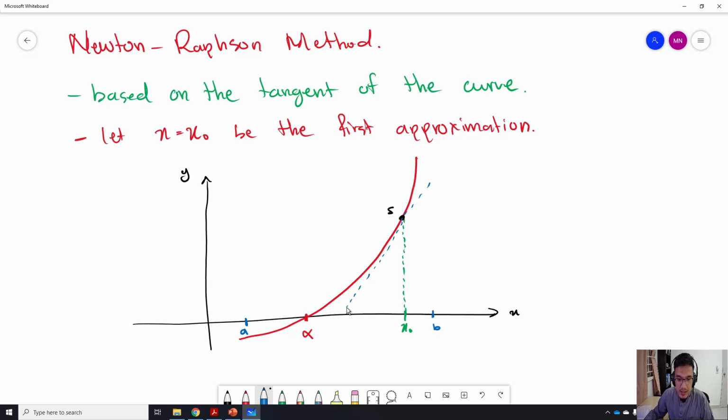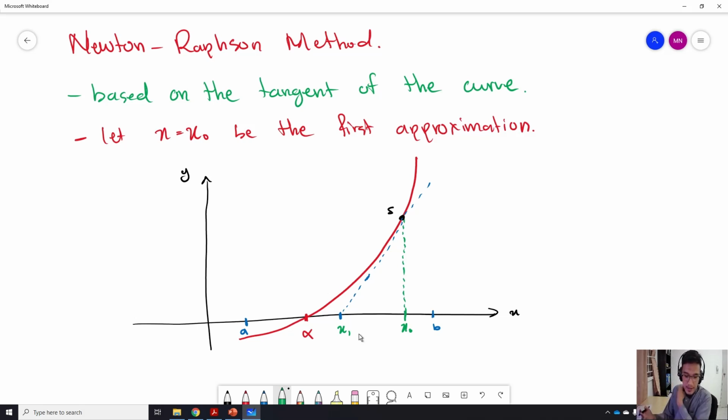This is the tangent to point S, and it will intersect a point on the x-axis, labeled as x1. So x1 is a better approximation to the value of alpha than x0, because x1 is closer to alpha, so x1 is more accurate than x0.